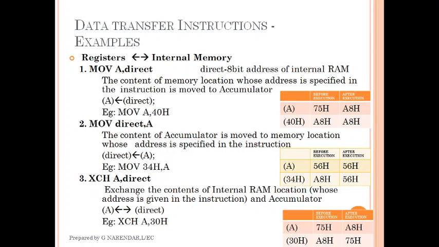These are all the data transfer instructions that transfer data between register and internal memory. Whenever you want to transfer data from internal memory, you specify the address of the memory location in the instruction itself, and here it is written as direct.